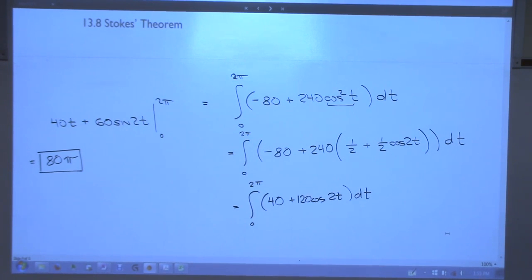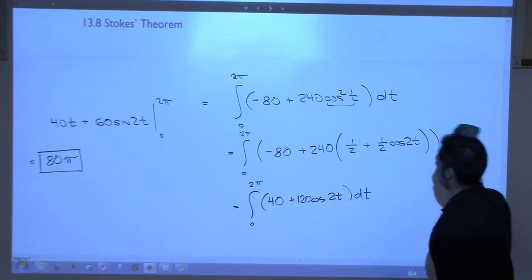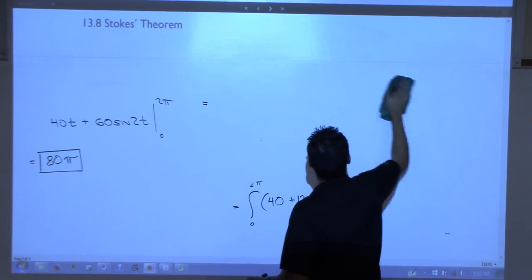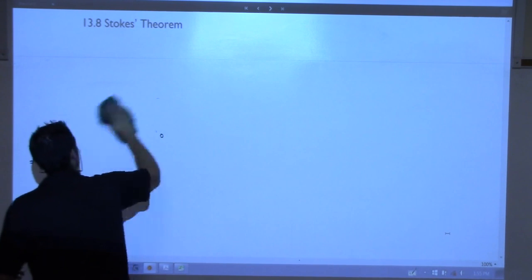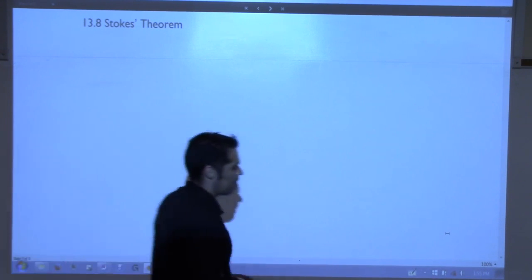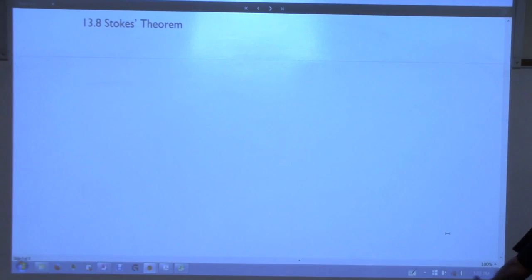So let's talk about Stokes' theorem. Stokes' theorem says the following. It's quite amazing, actually, what it says. I'm going to write it down for you first, and then I'll put it up here with the notes.